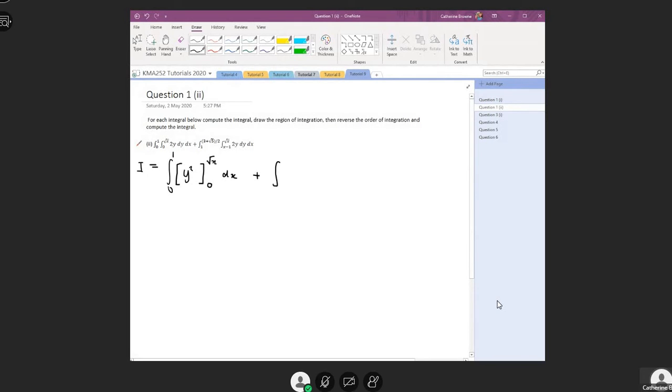And then the next one, we get the same, just the y squared here, but this time it's from x minus 1 to root x dx.